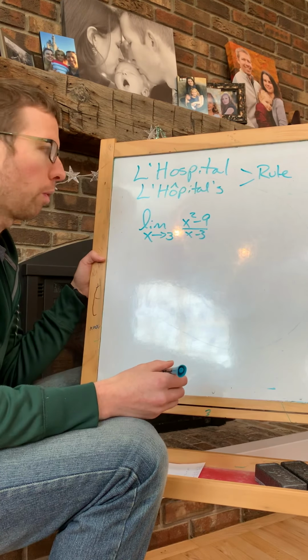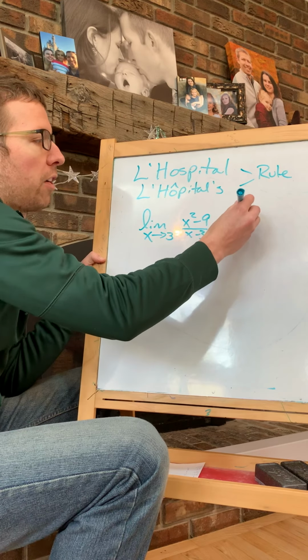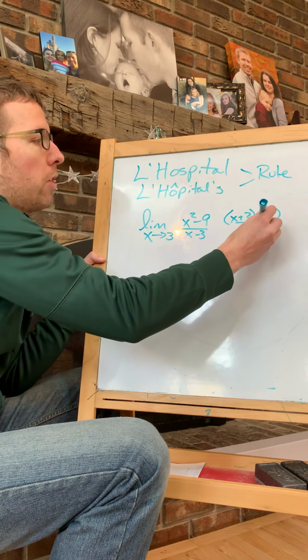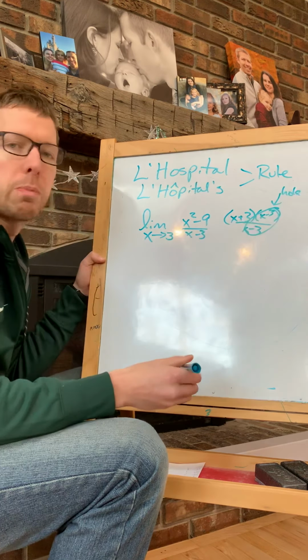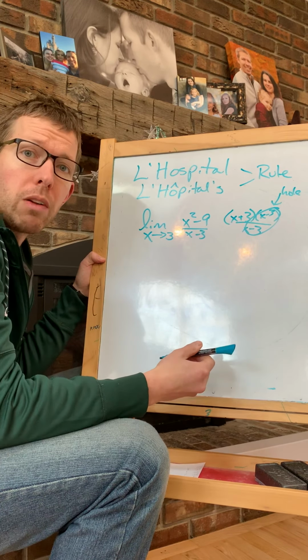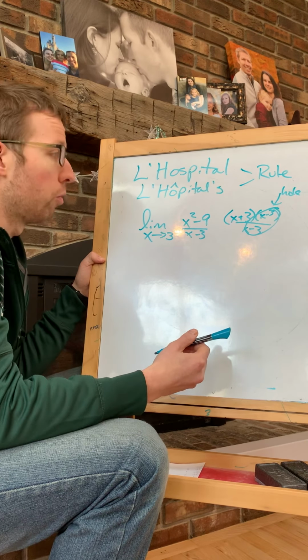And you'll recall that when we found the limit before, we'd factor this out to x plus 3 times x minus 3 over x minus 3. And we would have a hole at x minus 3, or at the 0 that's created by x minus 3, which means that there's going to be a limit at the value x equals 3.